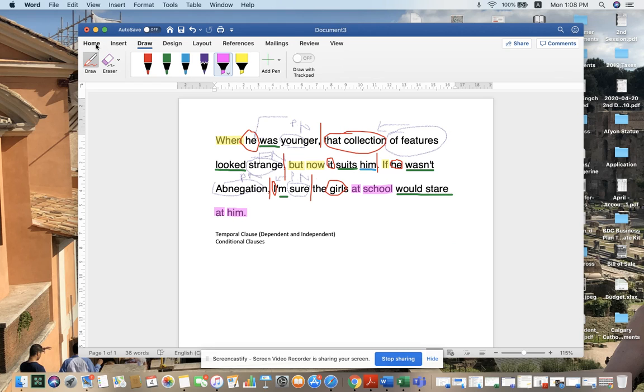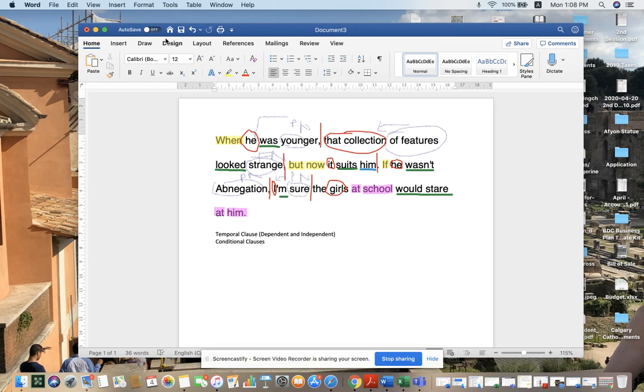So let's look at the verbs and how they act here. So for the first part, he was, again, third person, singular, simple, and indicative. Then we also have a collection of features, looked. We have our first past tense, okay? Why?